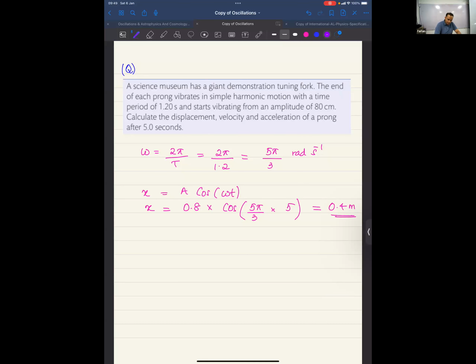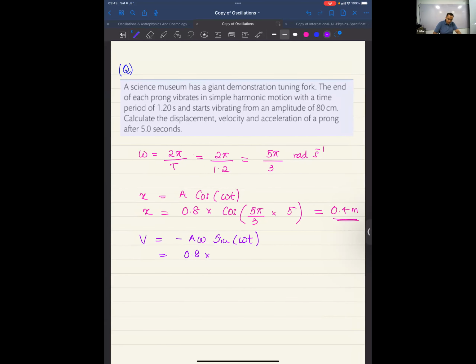Calculate the velocity. To find the velocity, we use the formula v equals minus a omega sine omega t. Am I right? So substitute a is 0.8, omega is 5 pi over 3, into sine omega t, where omega is 5 pi over 3 and t is 5.